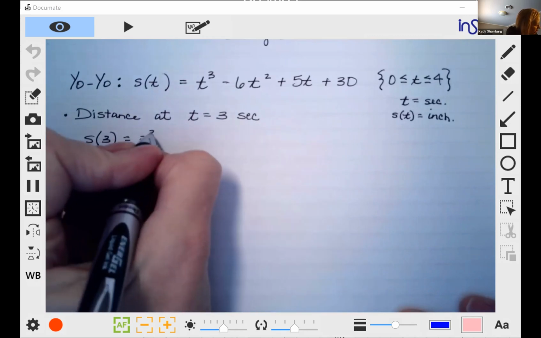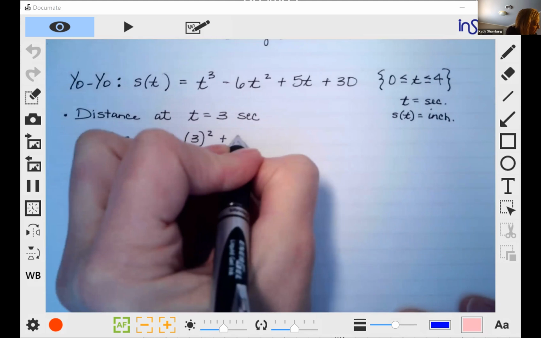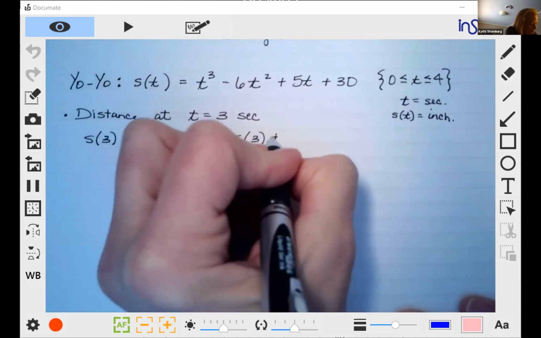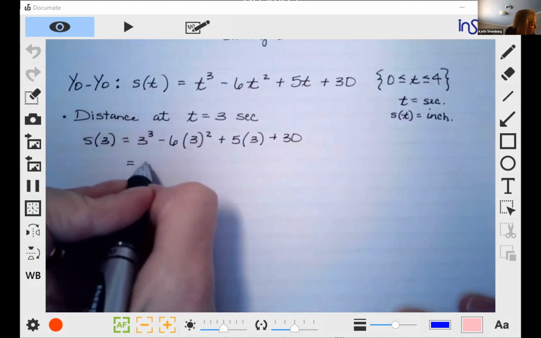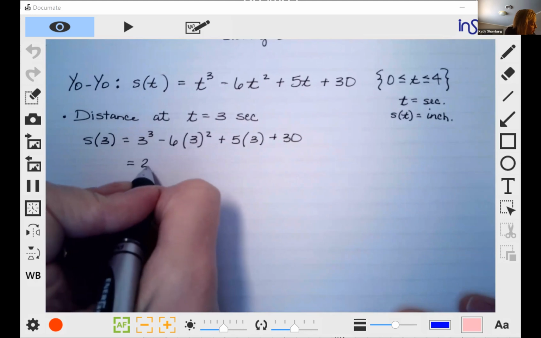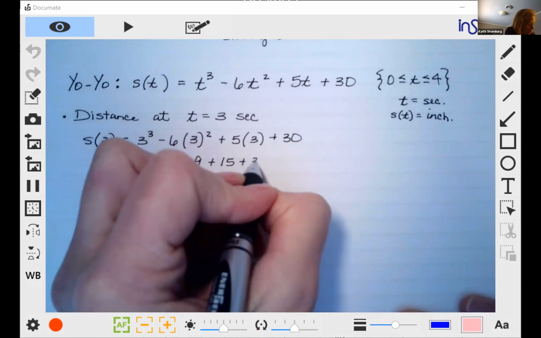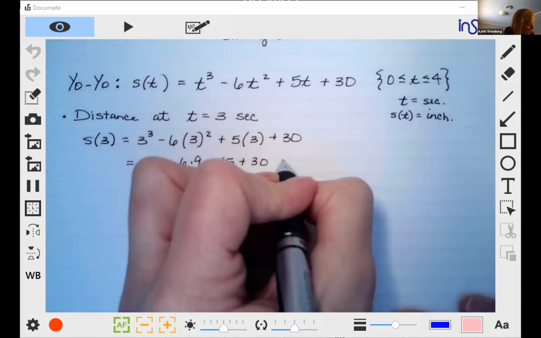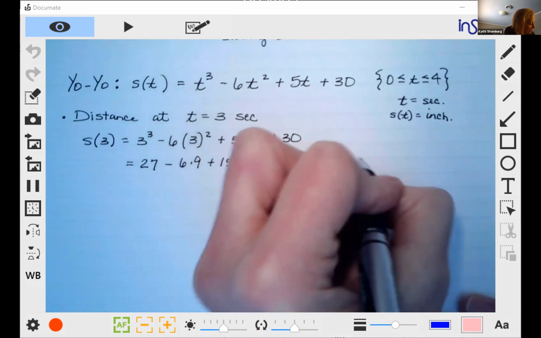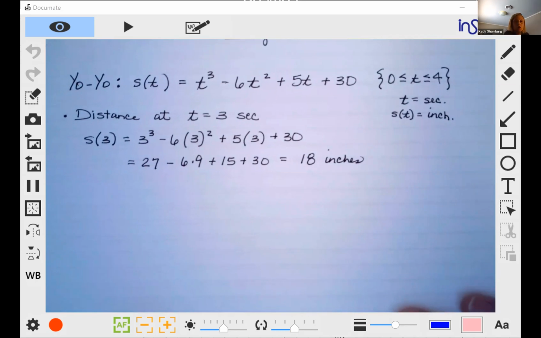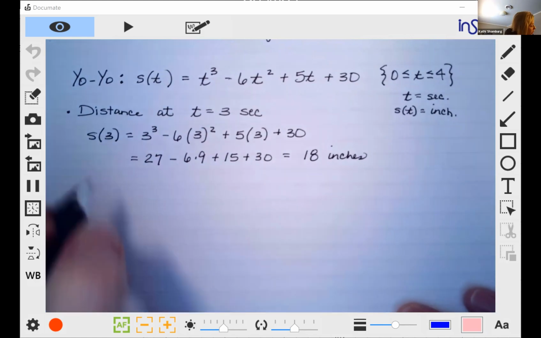So we have 3 cubed minus 6 times 3 squared plus 5 times 3 plus 30. And so, of course, that's going to be 27 minus 6 times 9 plus 15 plus 30. So you can put all of that into your calculator and you're going to get 18 inches.